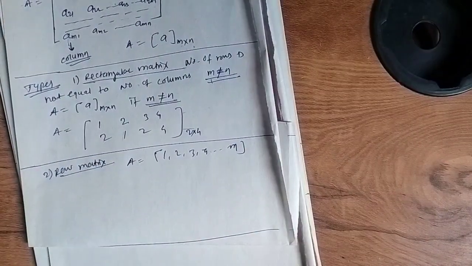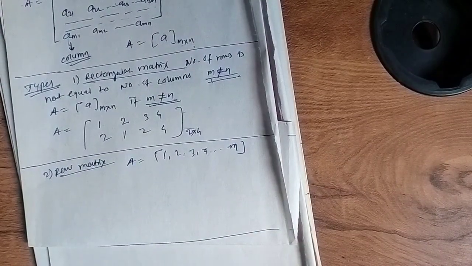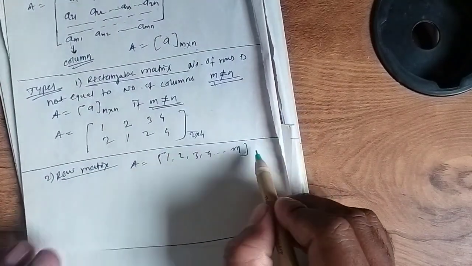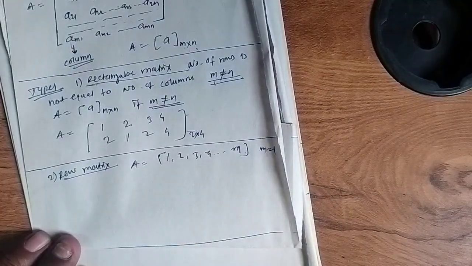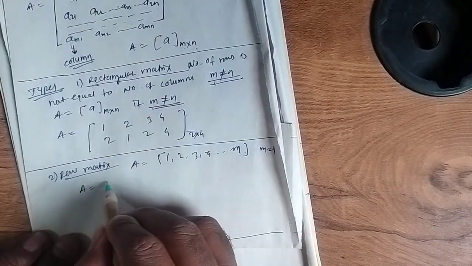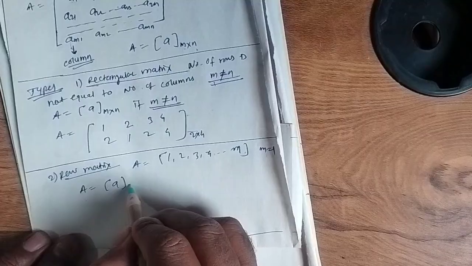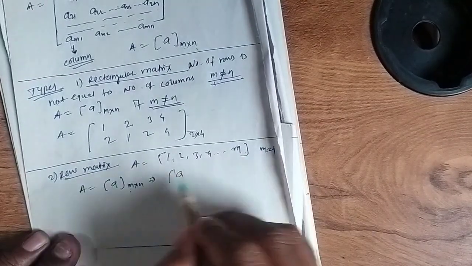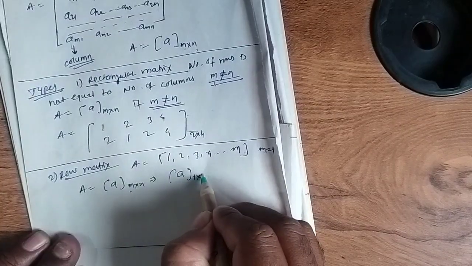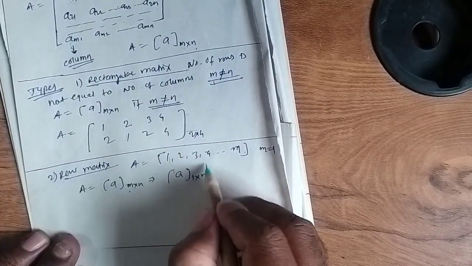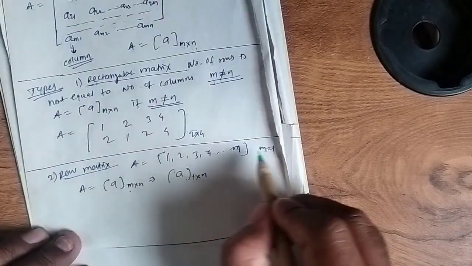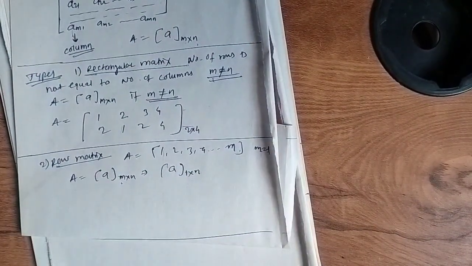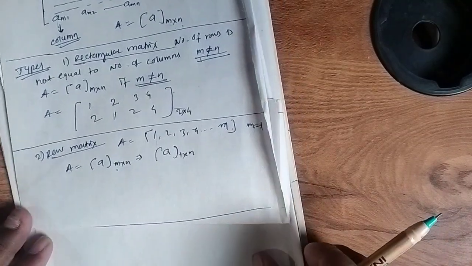We denote rows by m, so m is equal to 1. The matrix is denoted by A of order m by n, where m is equal to 1. The columns may be n, but the row must be 1. This is a row matrix.